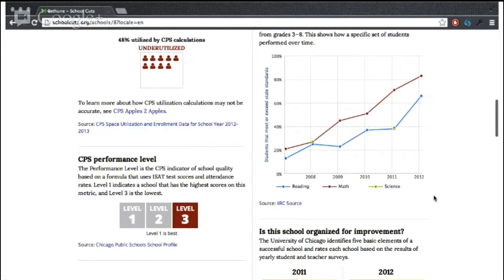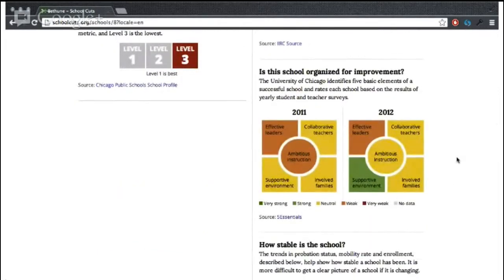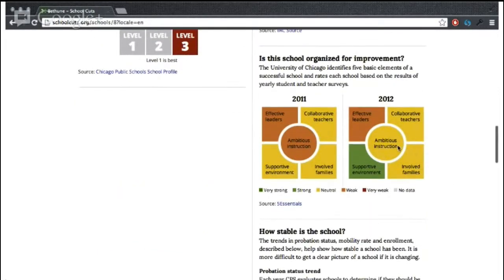And then if you scroll down just a little bit further, there were other questions that we sought to ask. Well, how organized is the school? Does the school have the things that are necessary to make an effective school experience? This is data that's collected on a yearly basis by the University of Chicago. Scroll a little bit further down. Some of the other questions.